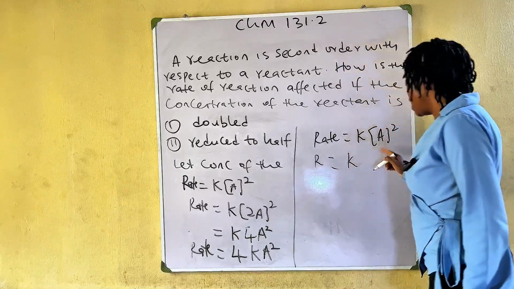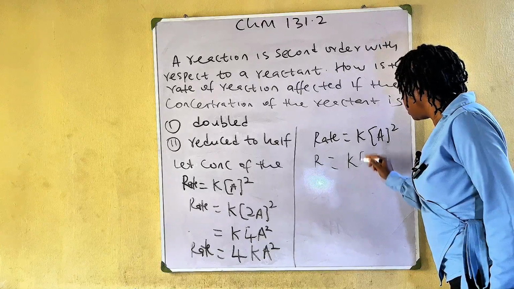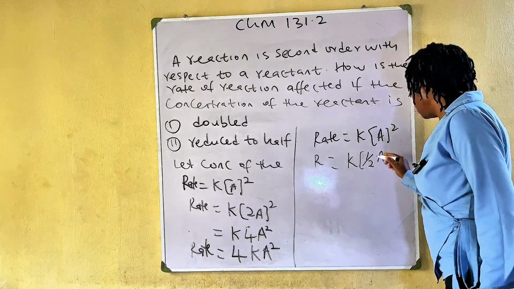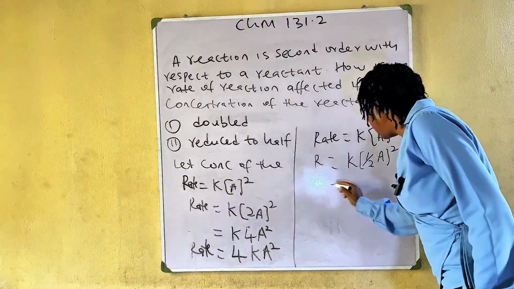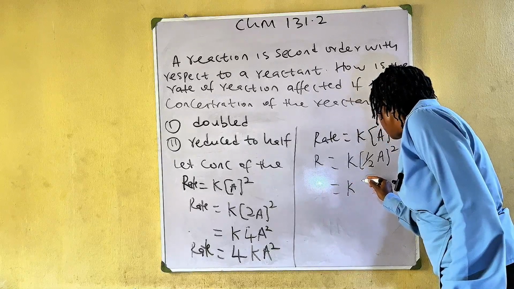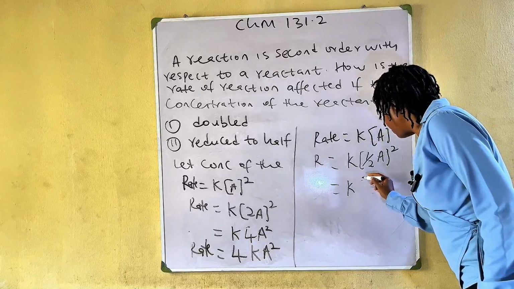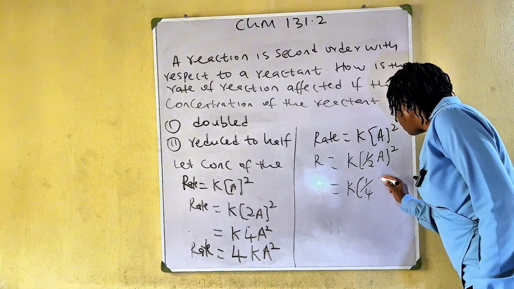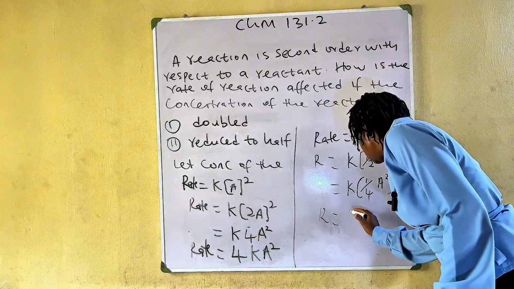If this is reduced to half, so what it means is 1/2 A, so we have k times the square of this, we're having 1/4 [A] squared.